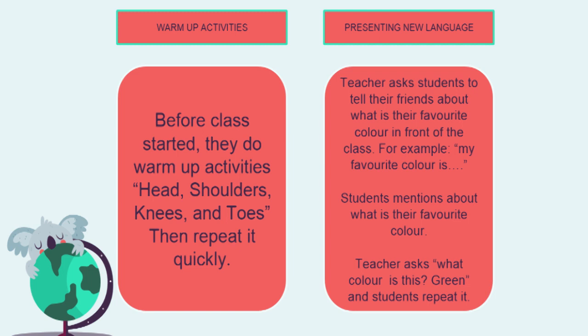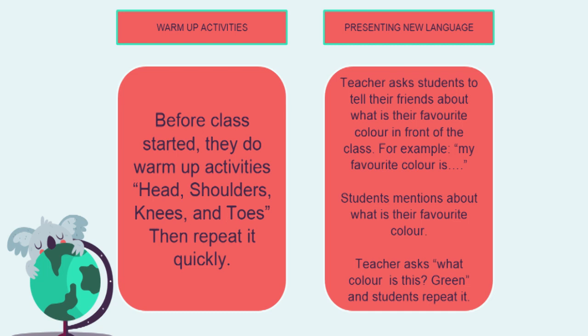This lesson will train students in public speaking. It will give them some experience telling their opinion about the color they like, their favorite color. So students will tell about their favorite color in front of the class, which trains them and gives them experience in public speaking.